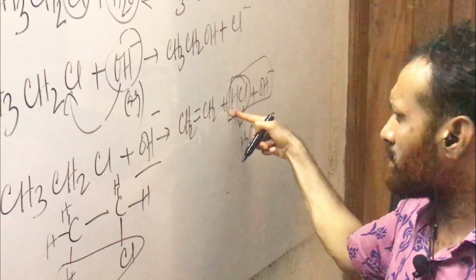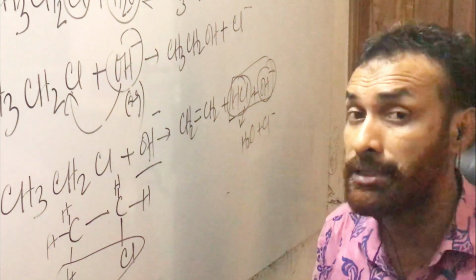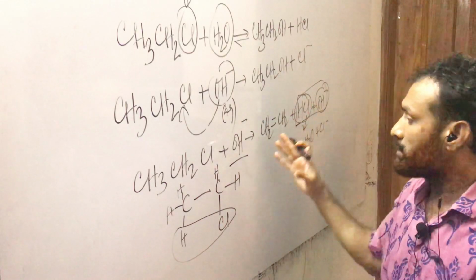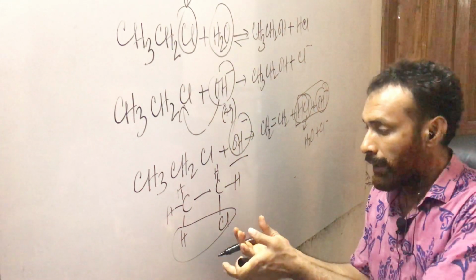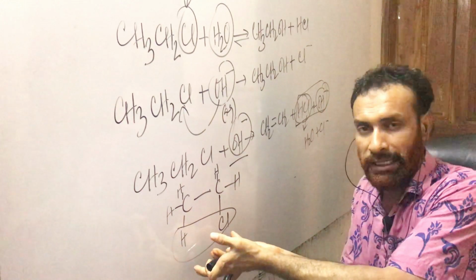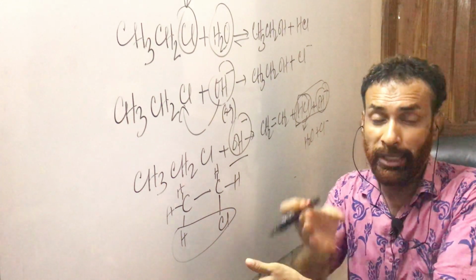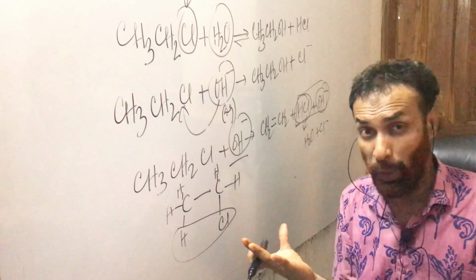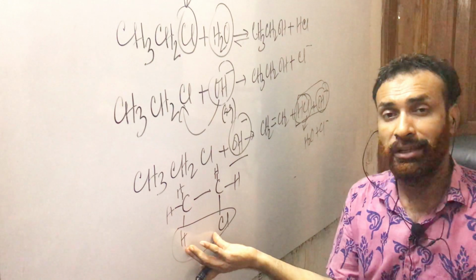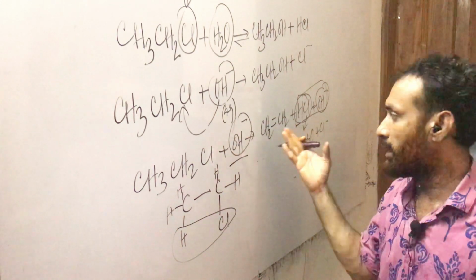And this hydrogen chloride will react with OH. Here OH is acting as a base, because it is extracting hydrogen chloride and neutralizing the hydrochloric acid. That means OH is a strong base, non-aqueous, neutralizing the hydrogen chloride, and this is why you get this elimination reaction.